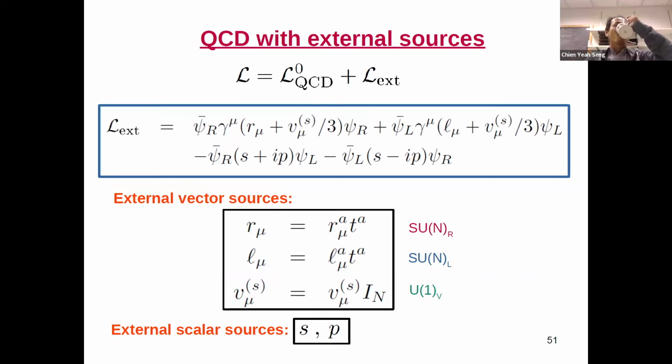So, in addition to the massless QCD, we can introduce the so-called external source term, where the quark fields couple with these general vector sources, which are right-handed vector sources, left-handed vector sources, and U(1) vector sources, and also the scalar sources S and P. Now, all of these terms break chiral symmetry, but the symmetry would be restored in a specific way.